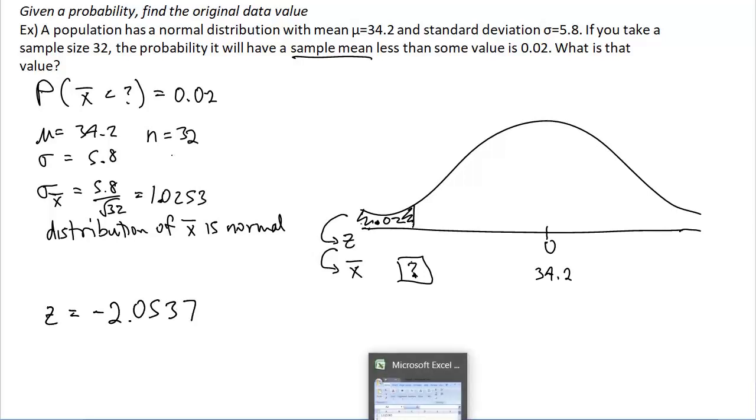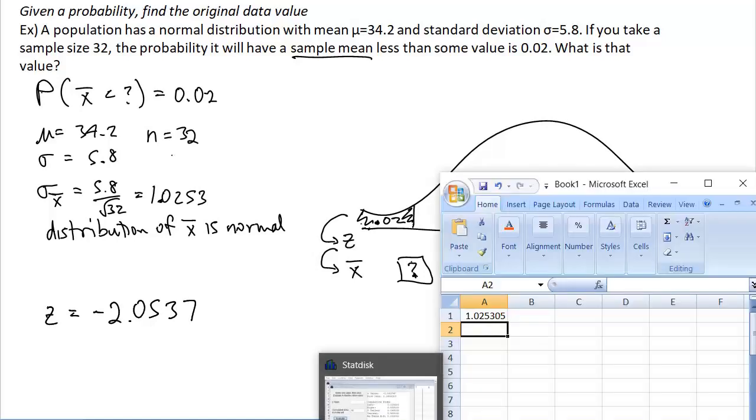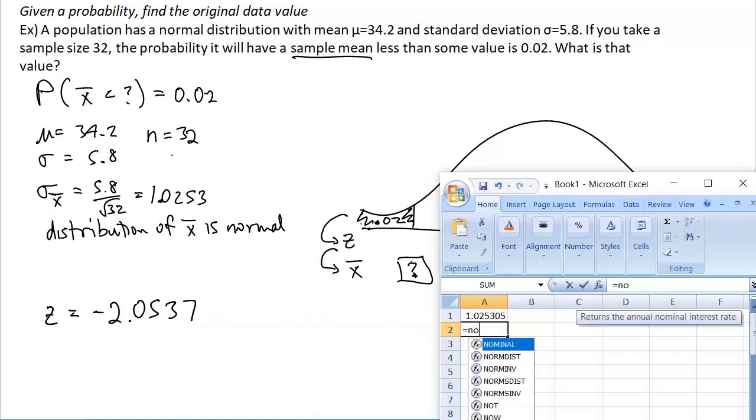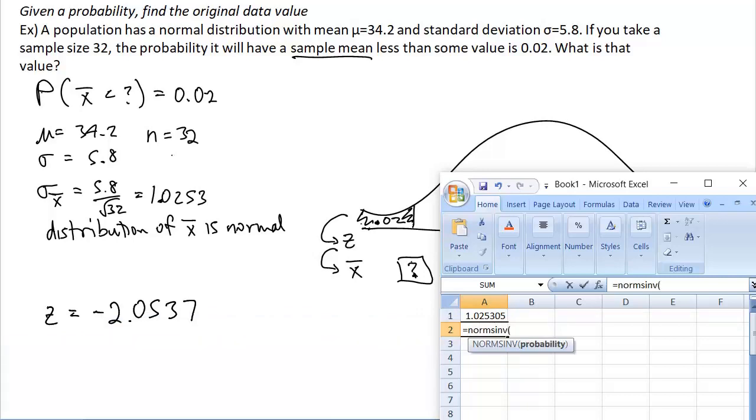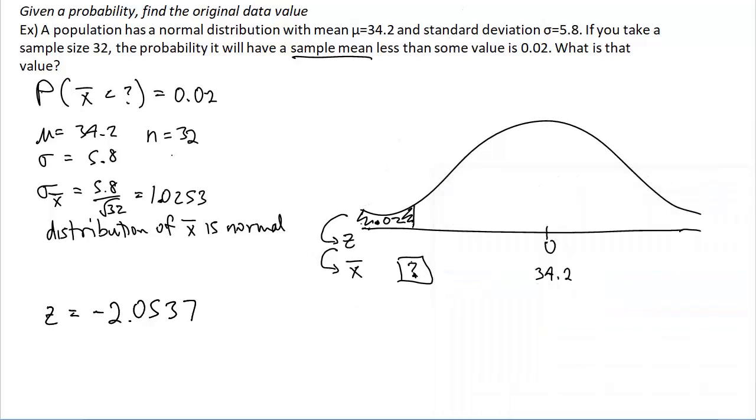Now, I don't necessarily encourage you to use Excel, but if you are using Excel, it's equals NORM.S.INV of 0.02, and there's your z-score. Okay, so now that we've got the z-score, just to be complete, I'm going to fill that in on my graph. So now we have to find the x-bar value.